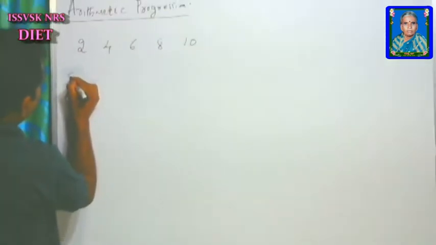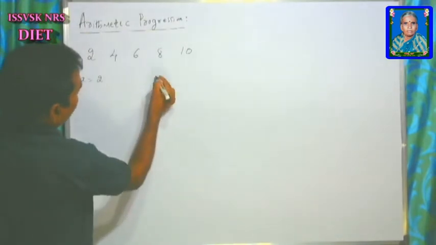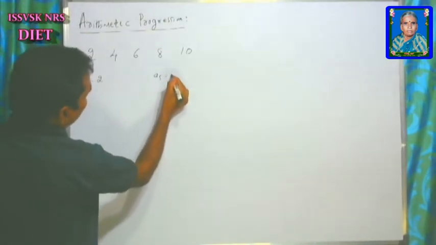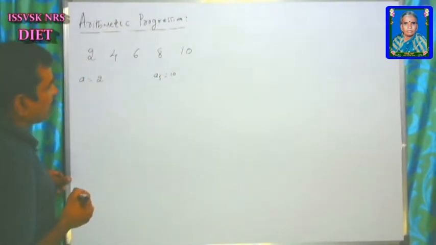Here a is equal to 2, that is the first term, and a5 is equal to 10, that is the last term.